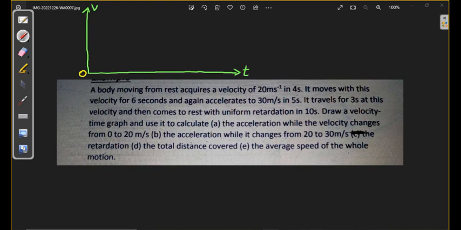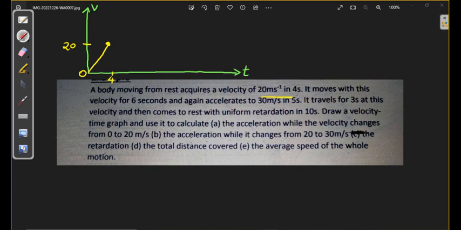So we'll start. A body moving from rest acquires a velocity of 20 meters per second in 4 seconds. So let's say 4 seconds is here. It is going to come to 20 in 4 seconds. It is moving from rest, so we're going to have a straight line like that. That's the first statement up to here.